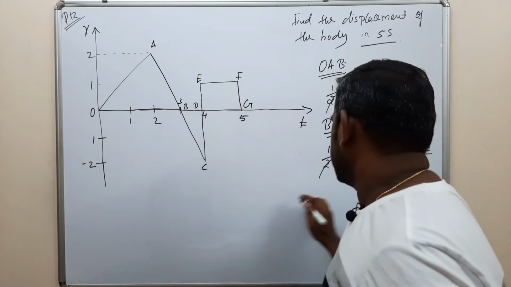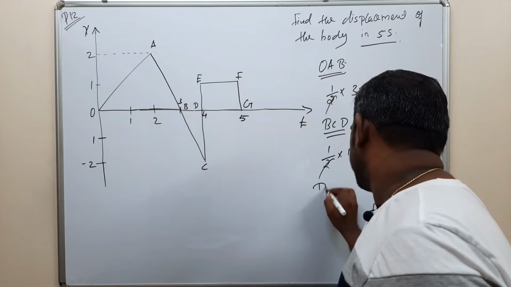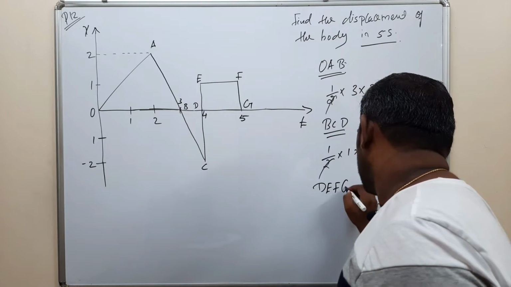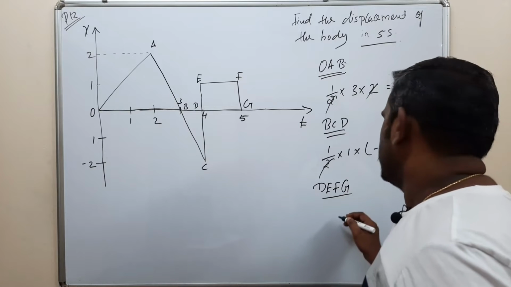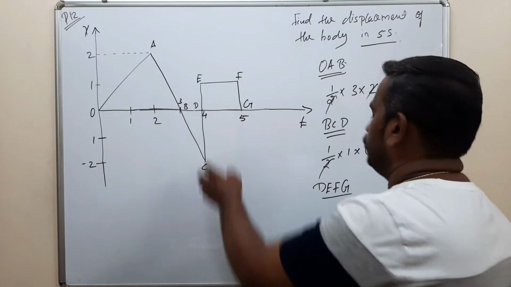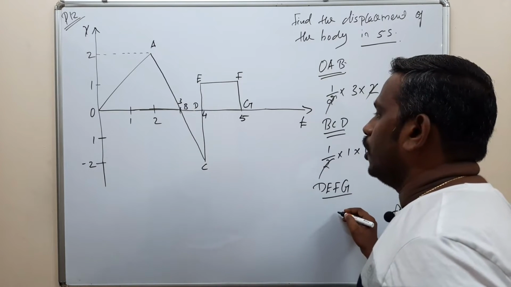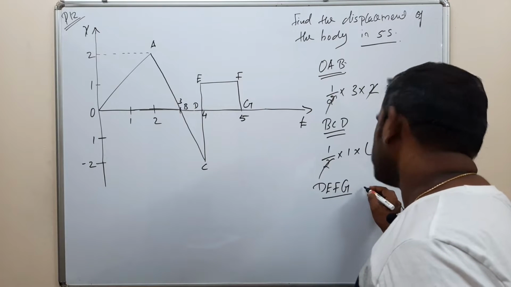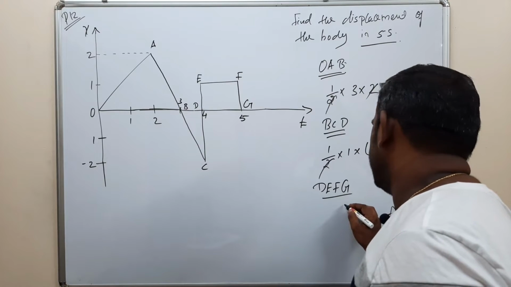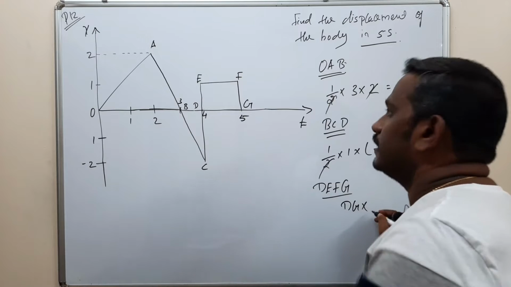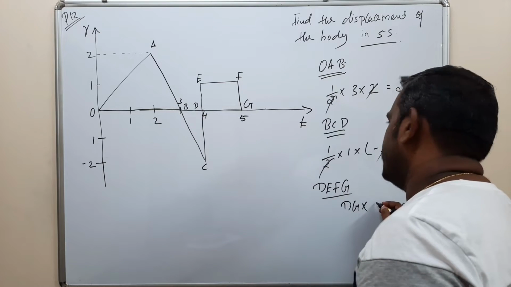Then consider the rectangle DEFG. What is the area? That is length into breadth, DG into DE.